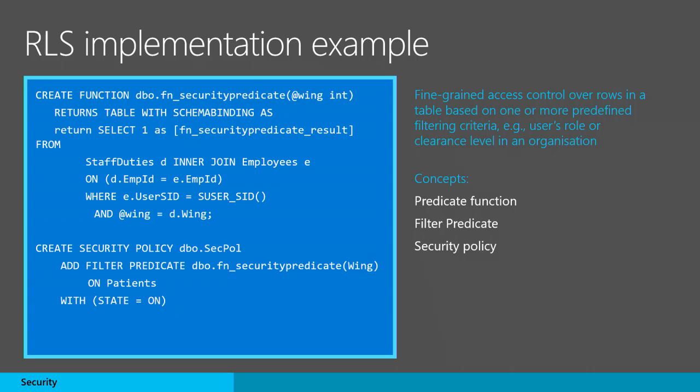All right? So this is kind of what I'm doing here. This particular one says select one, which is yes, you can see the row, basically. So you can select the row if the current user is a user that's available that's also joined to the employee table and that they're also able to see the wing for the hospital that they've asked for.